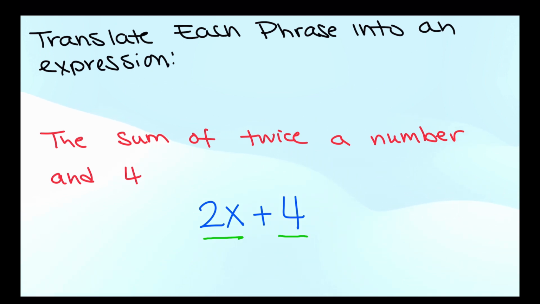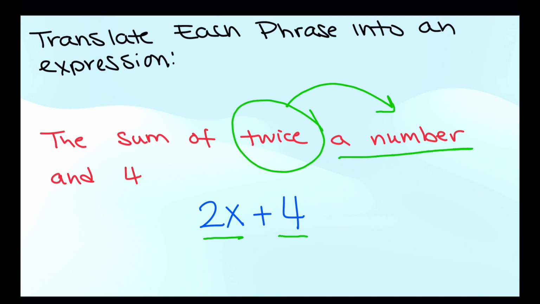So again, the order of these words is really making a big difference in our expression. And what I do is I pay attention to what the word twice is right in front of. That is the thing that we're multiplying by 2. So twice a number is 2x, and then we're taking the sum of twice a number and 4. So 2x plus 4.